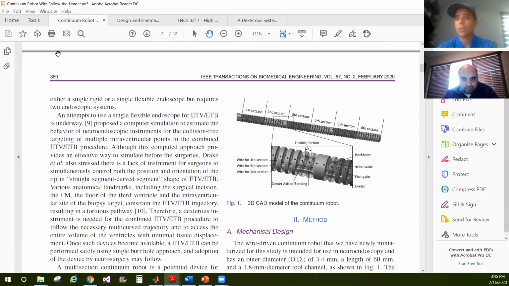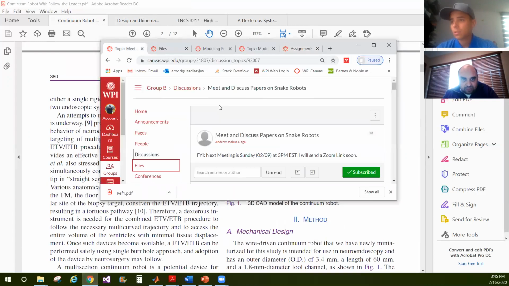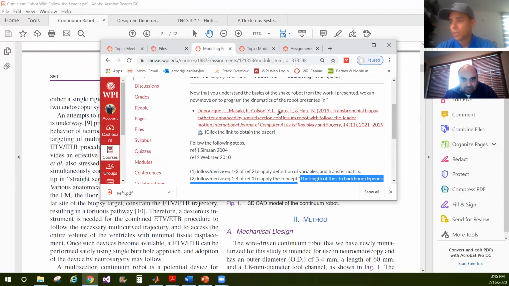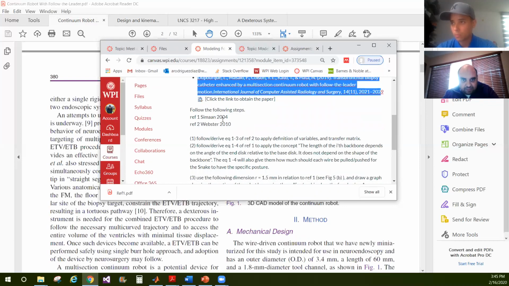Well, when you read the assignment, it tells you that you're going to map for this robot the scatter enhanced by multi-section continuum robot, using the same equations from these two.